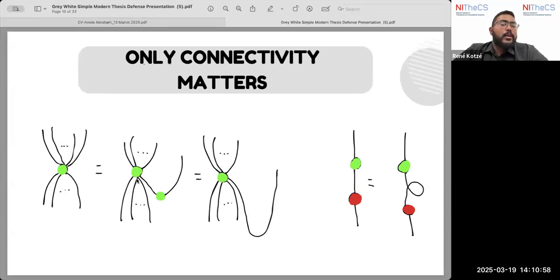Step one is you unfuse a green spider. So we're introducing another green spider whose output is precisely that original output we considered, and we connect this new spider. By the fusion rule, we see that these two diagrams are the same.